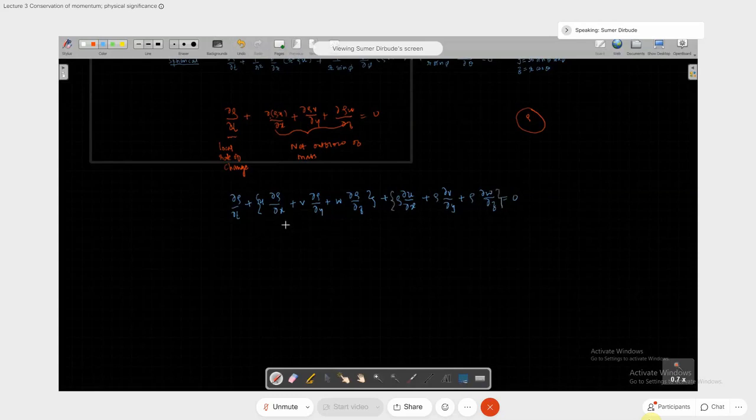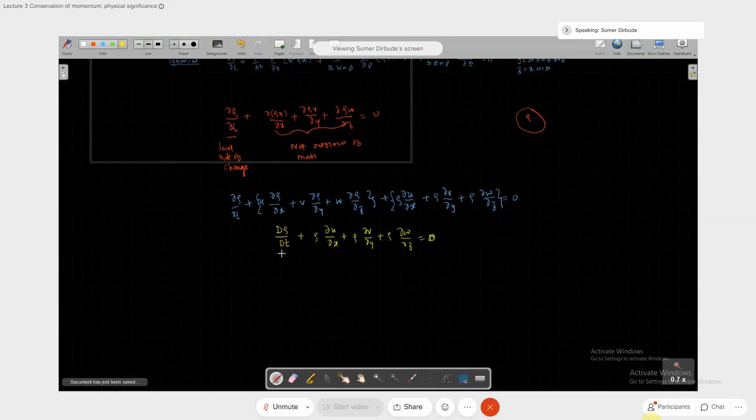Now from the definition, we know that ∂ρ/∂t is nothing but dρ/dt, plus this term ρ ∂u/∂x plus ρ ∂v/∂y plus ρ ∂w/∂z equals 0.